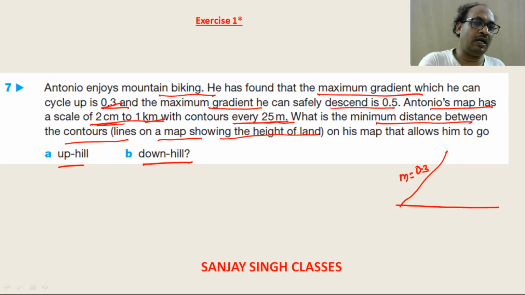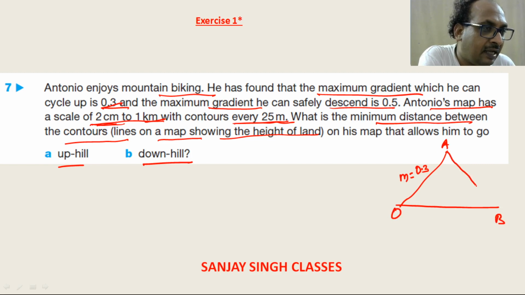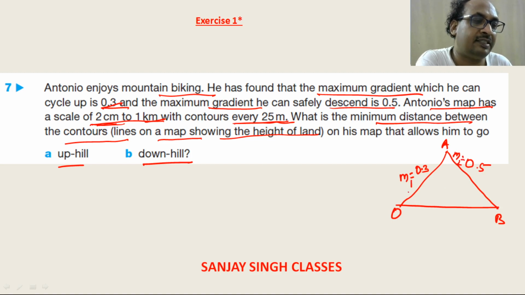Okay. So the higher the value of slope, the steeper it is. Okay. So now descending. So he has climbed up here up to point A, and if it is O, it is B, and he went for descending. So descending will be more steep. Why? Because its gradient is 0.5. Let us take it as M2 and let us take it as M1. From the given information, this we are getting.